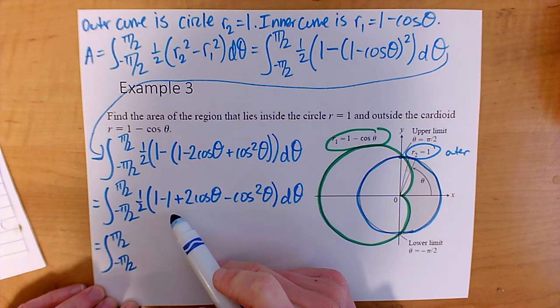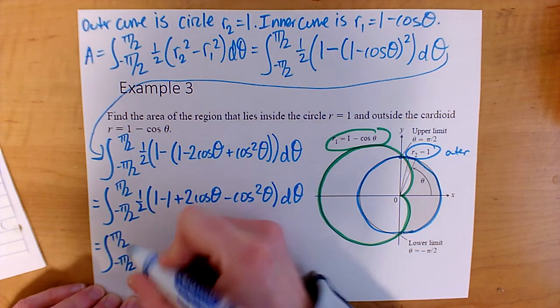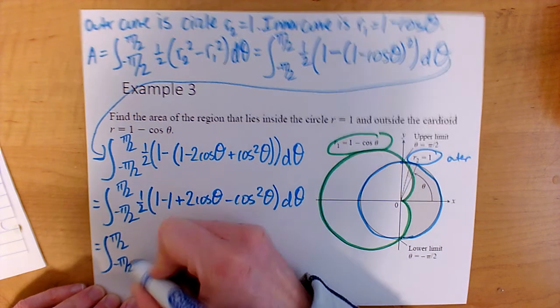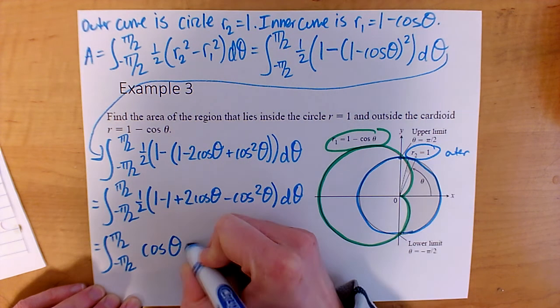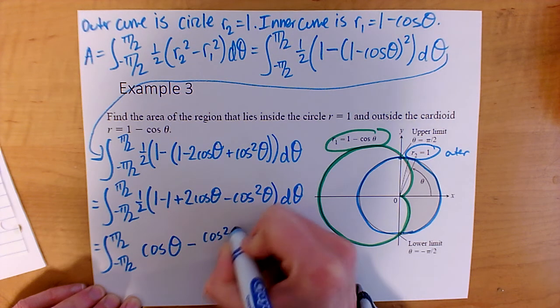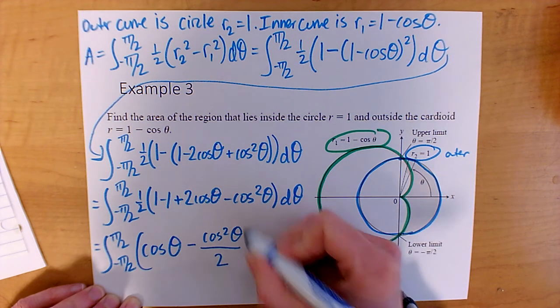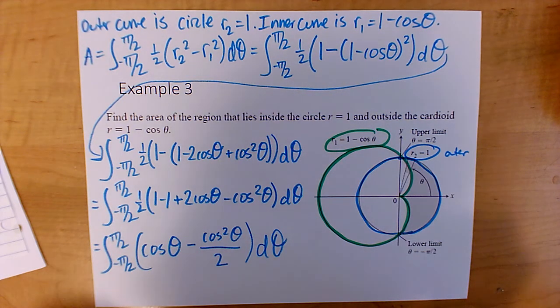Well, 1 minus 1 is just going to cancel, and then we can distribute that 1/2. So I'll have 1/2 times 2, so that'll be cosine theta minus cosine squared theta over 2, d theta.